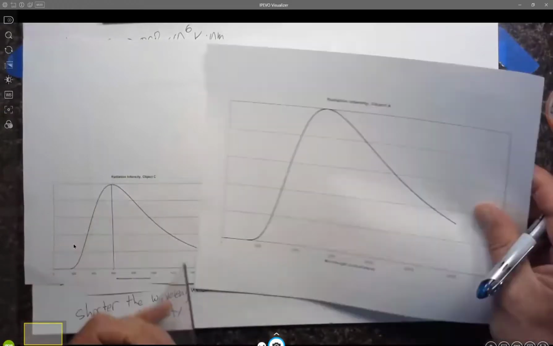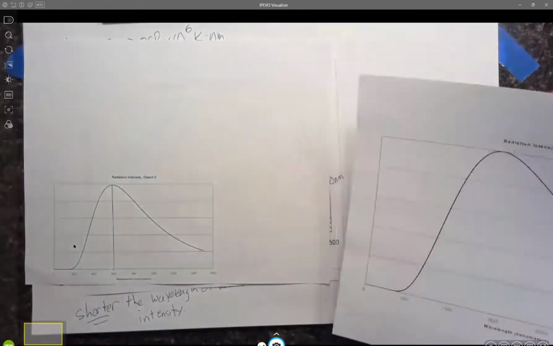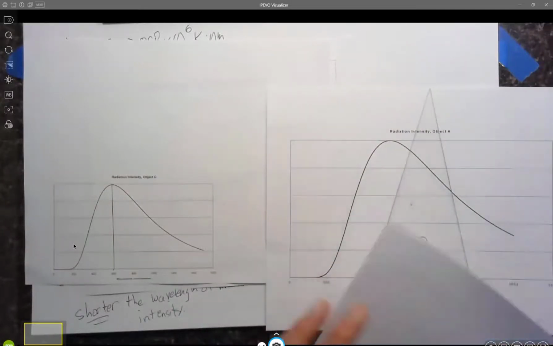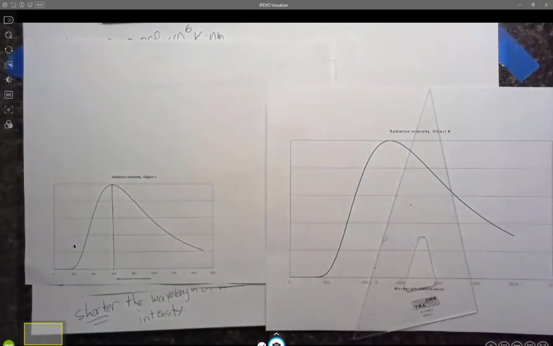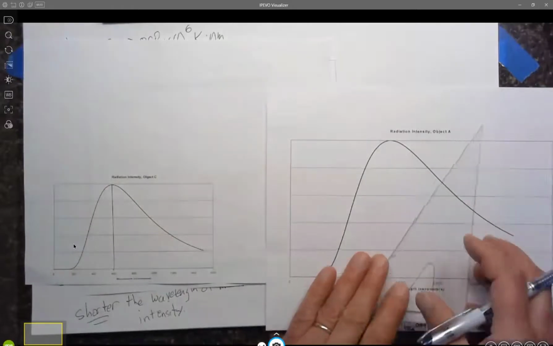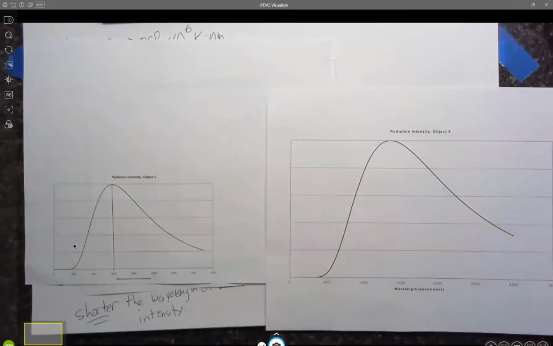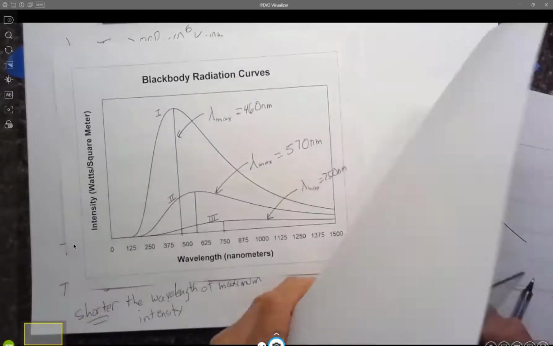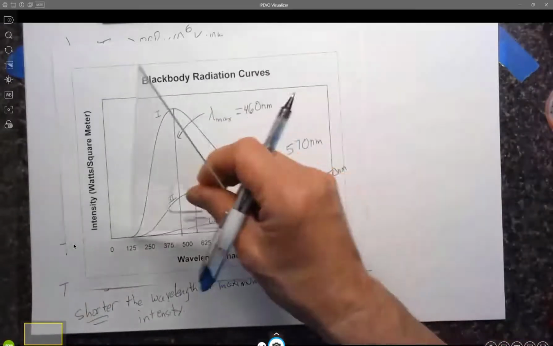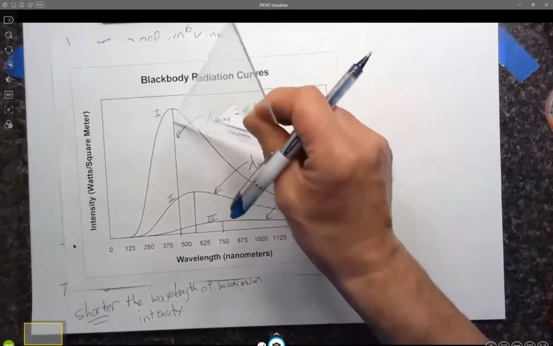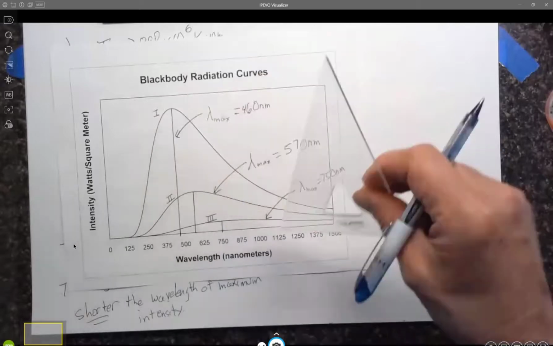So with the previous curves, you could just tell without doing math which one has a higher temperature because of how much space is underneath it. But because these ones are on different graphs, you have to do the math. Because that first one, they were all on the same graph, and so I knew if this one was higher, then it was the higher temperature, and if it had more area under it.